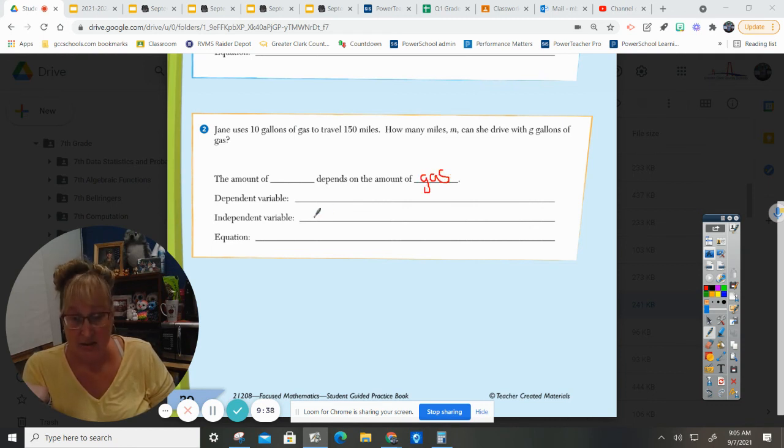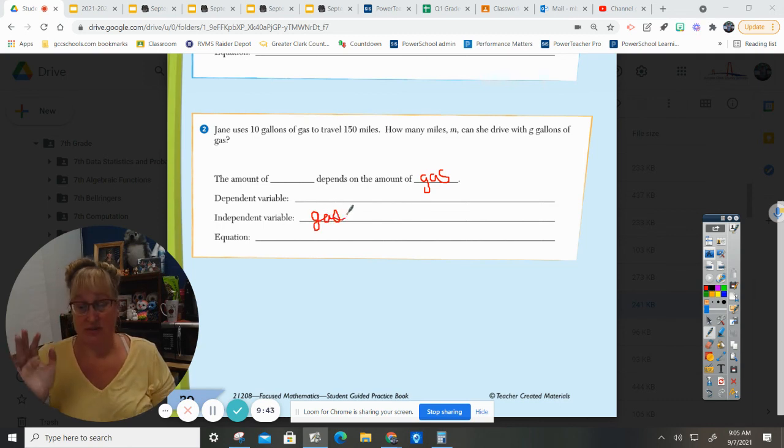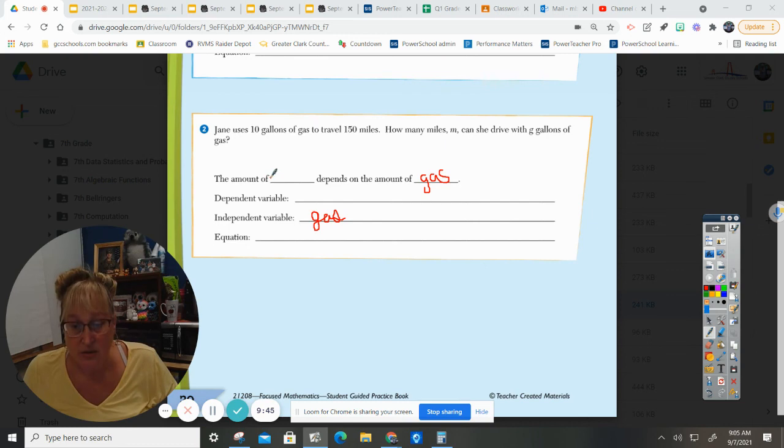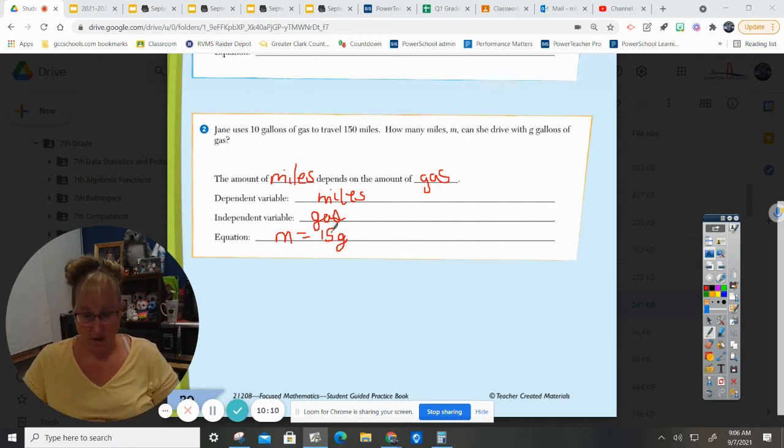So that one is independent, because how much gas determines how far you get to go. So the amount of miles is your dependent one. It depends on gas to get there. Okay, so we will write that as miles equals, and I guess I need to do 150 divided by 10, so I get 15 G. All right, there we go.